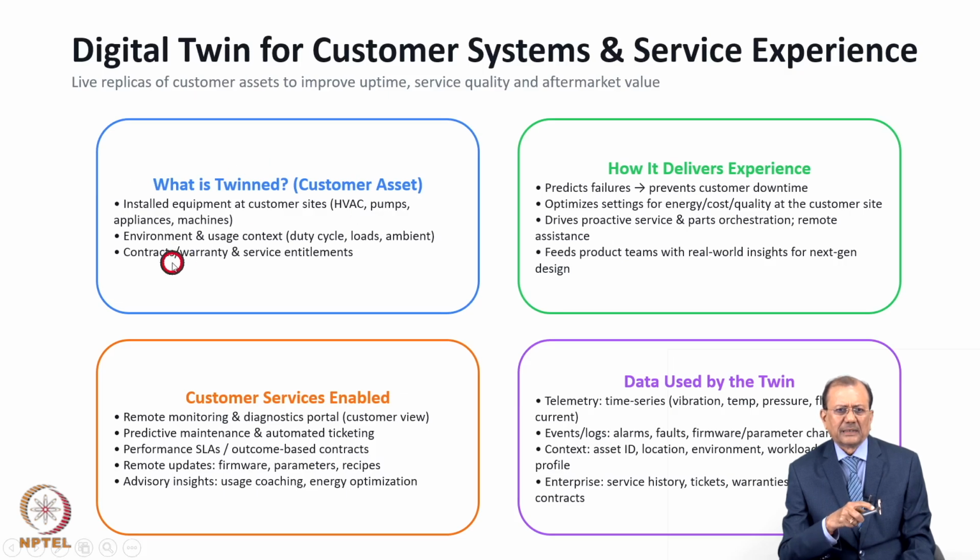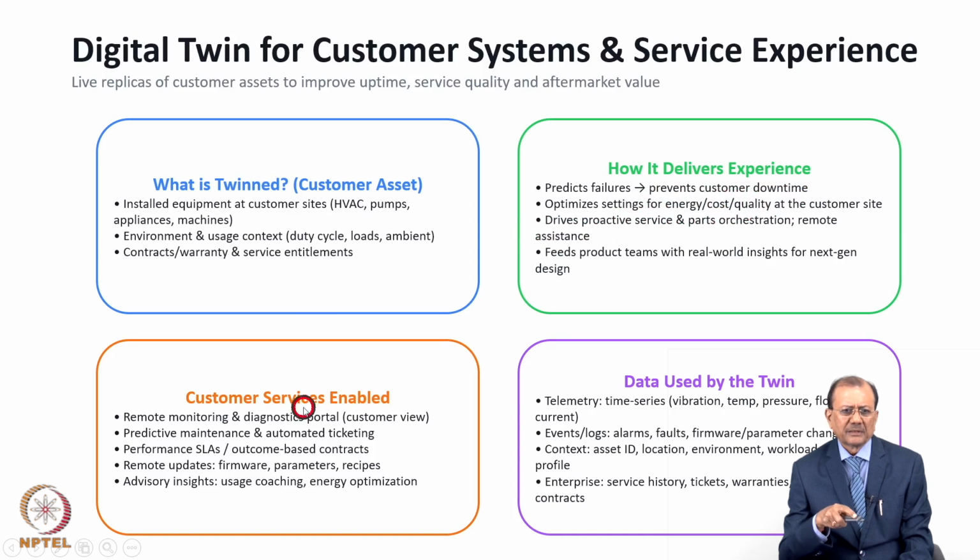This is what kind of twin: customer asset you are having, installed equipment at customer sites. These kinds of equipment are there. Environmental usage, context. Now, how we deliver: predict failures, prevent customer downtime, prevent equipment downtime, optimize settings for energy, cost, and quality.